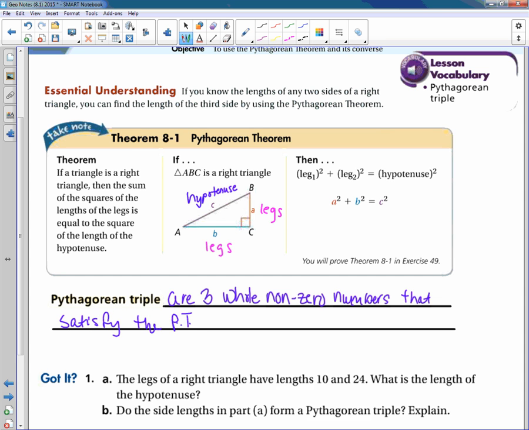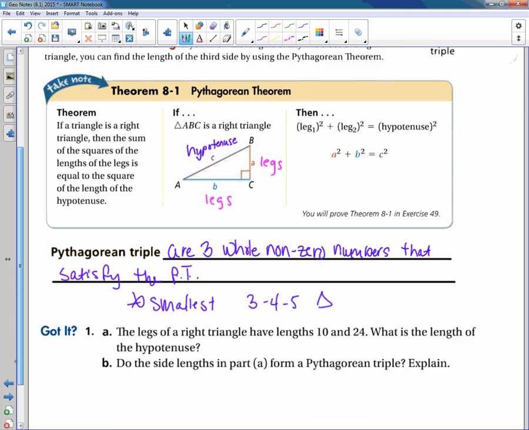Okay, and the smallest Pythagorean triple is the 3, 4, 5 triangle. We often use that one for examples because it's the smallest value.